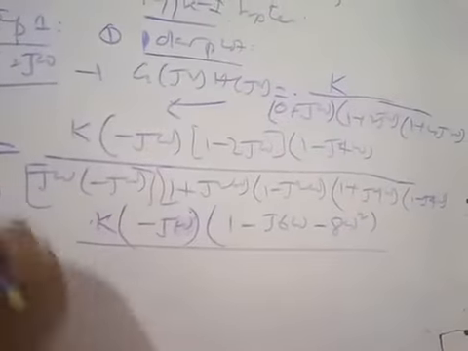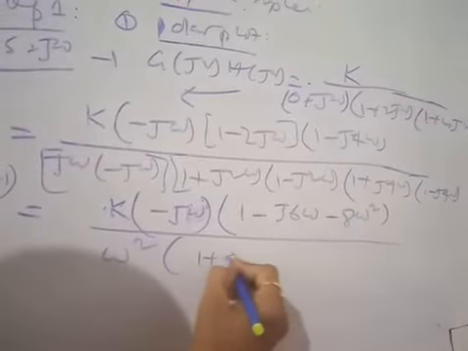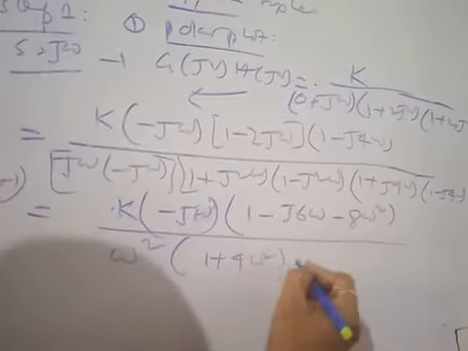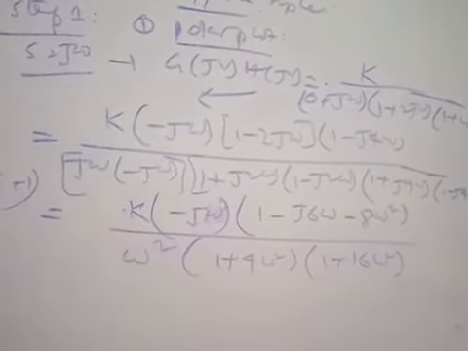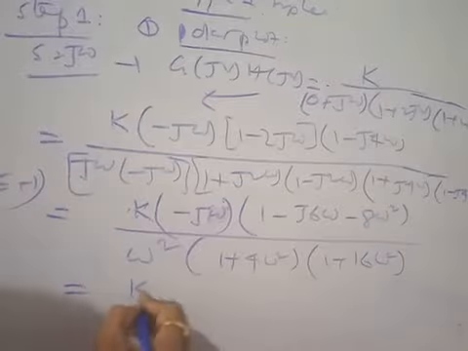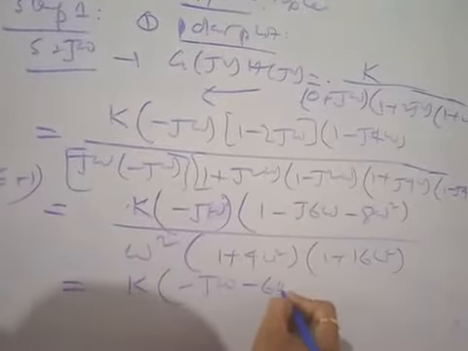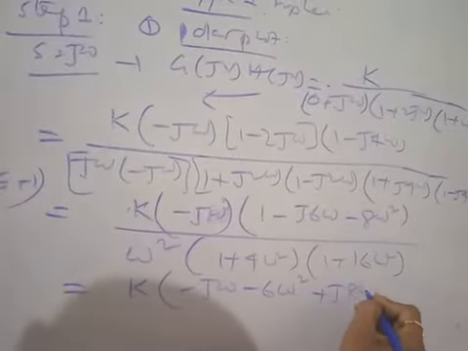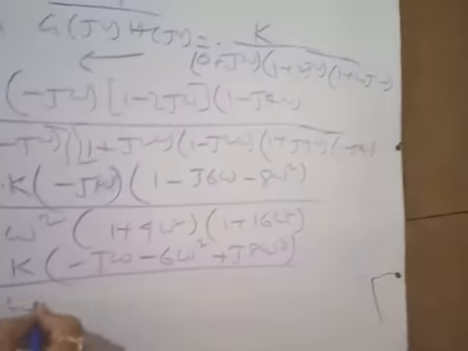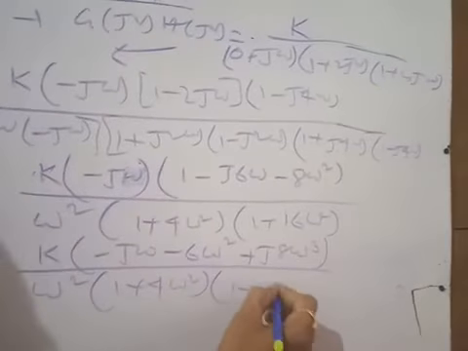And similarly in the denominator, this is omega square into 1 plus 4 omega square into 1 plus 16 omega square. Now in the numerator part you get k into minus j omega plus minus 6 omega square plus j 8 omega cube. Right? And the denominator term is omega square into 1 plus 4 omega square into 1 plus 16 omega square.